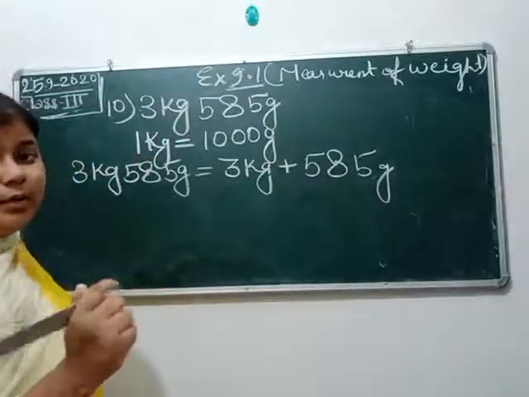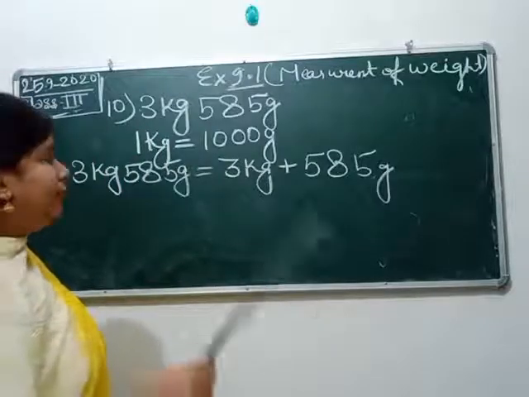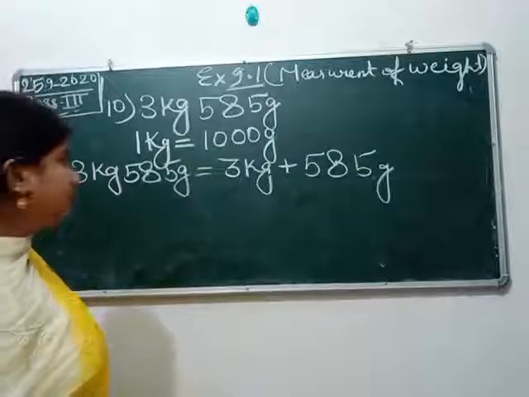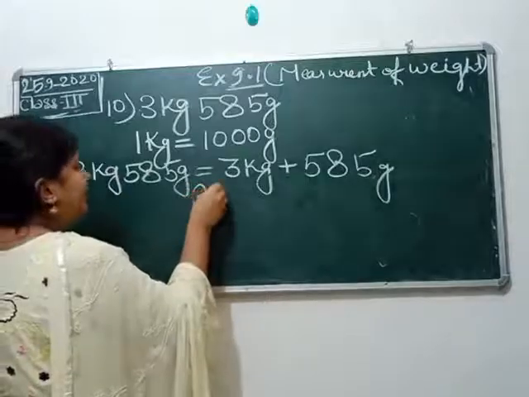So what we will do? If it is already given in gram, what next can we do? We will convert this 3 kg. How will we convert this 3 kg? By multiplying it with 1000.